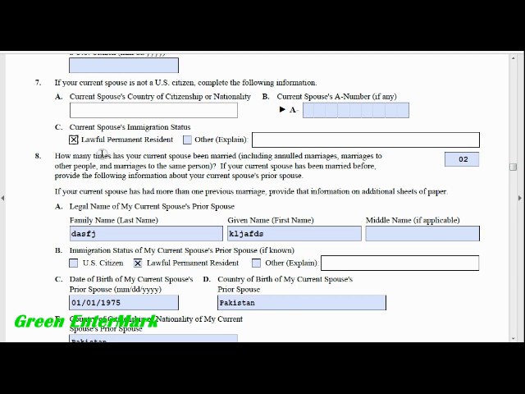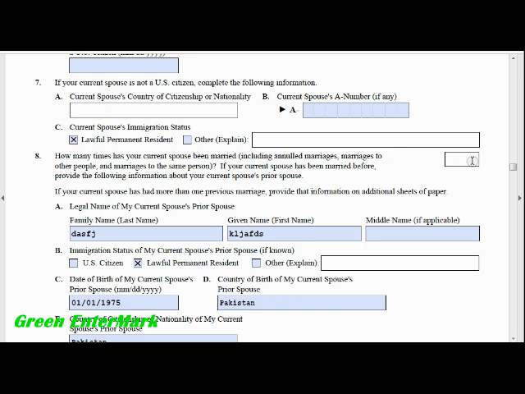So in this bullet, you have to mention how many times your spouse was married before you. Okay, before your marriage. So, if this is the first marriage of your wife, you have to mention 1.